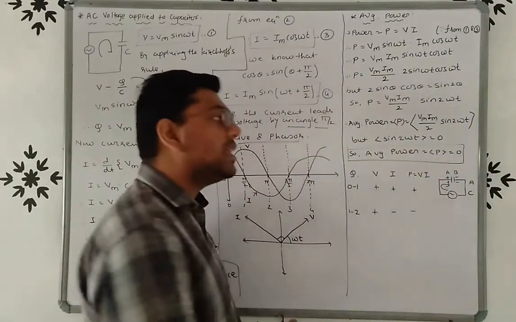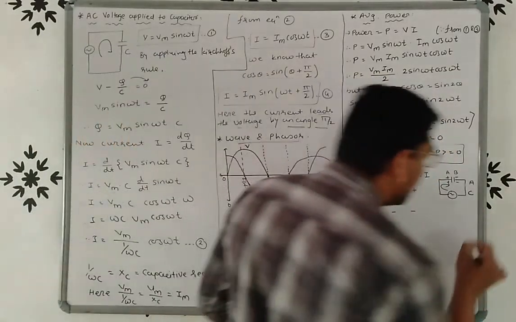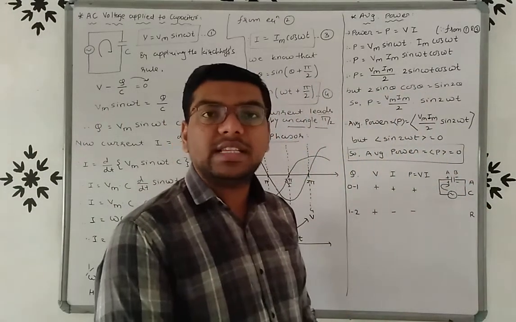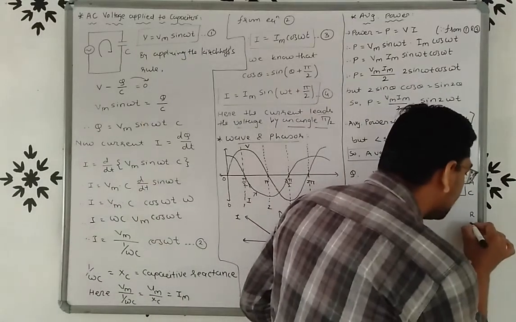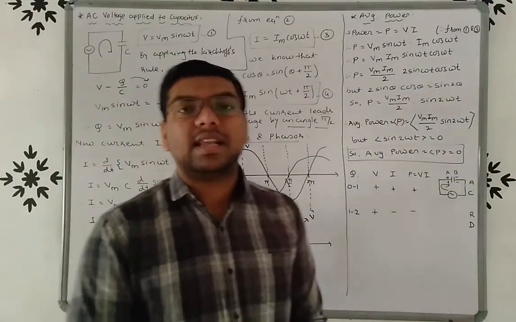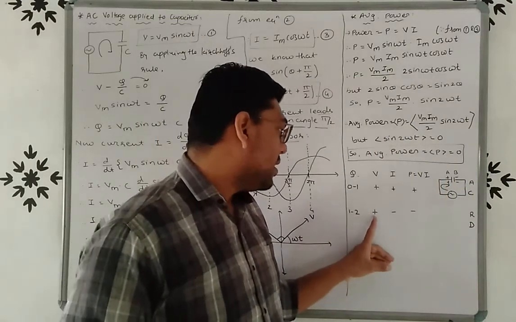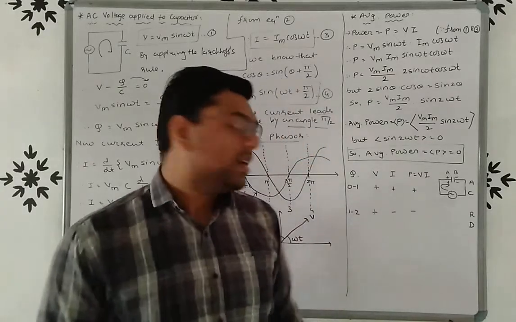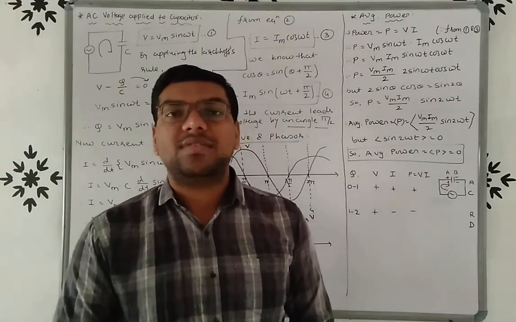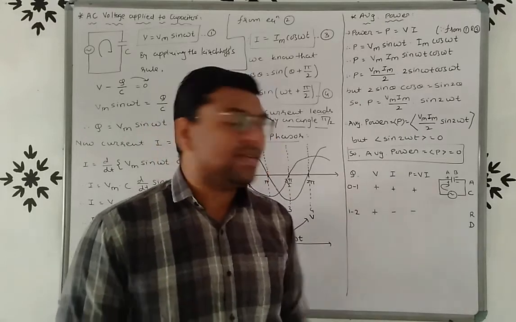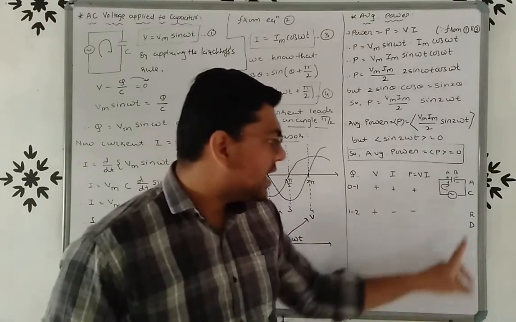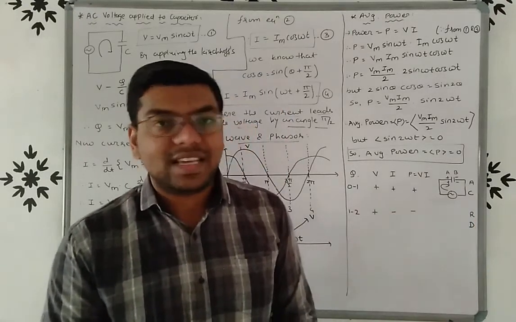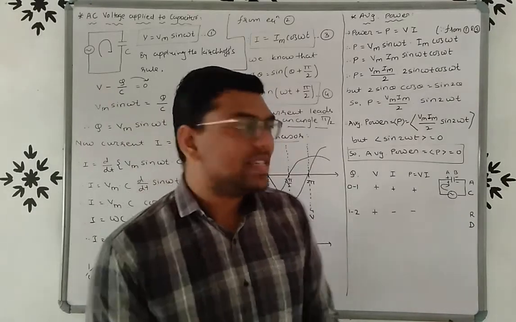Voltage positive, current negative, so the product of voltage and current is negative. And if the product is negative, we can say that the energy is released. As the energy is released, we can say that the capacitor starts discharging, right? So the capacitor is there and energy is released, so the capacitor starts discharging.